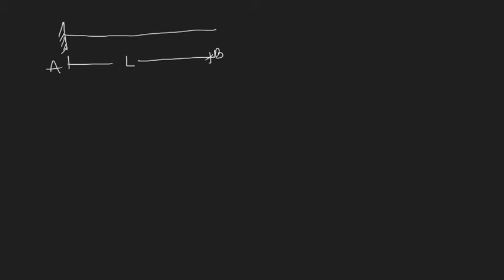Let's say the beam is subjected to UDL load for a length of a from the free end. So this is the fixed end and this is the free end. Now let's mark this point as C.